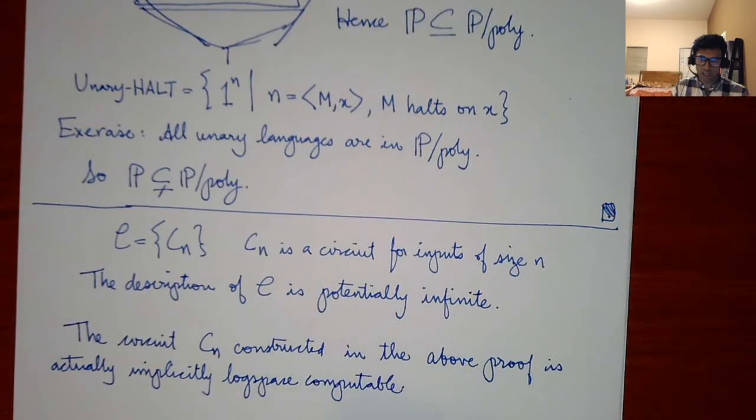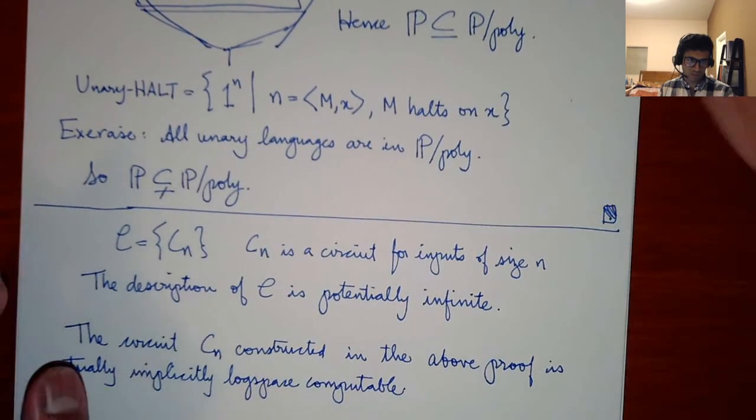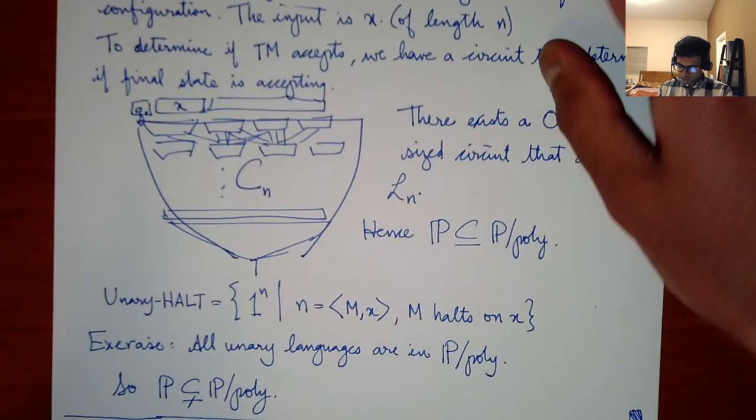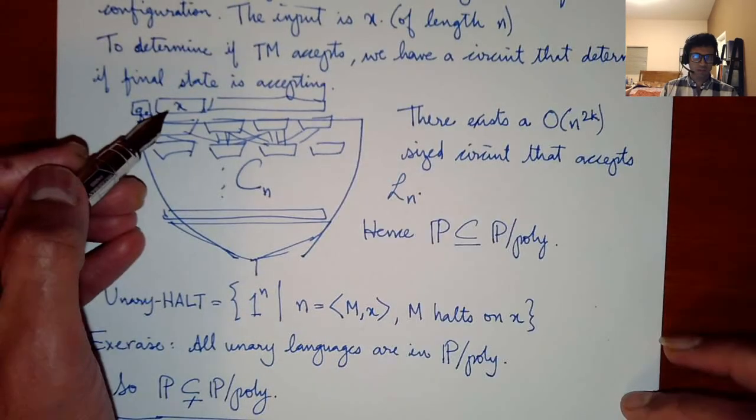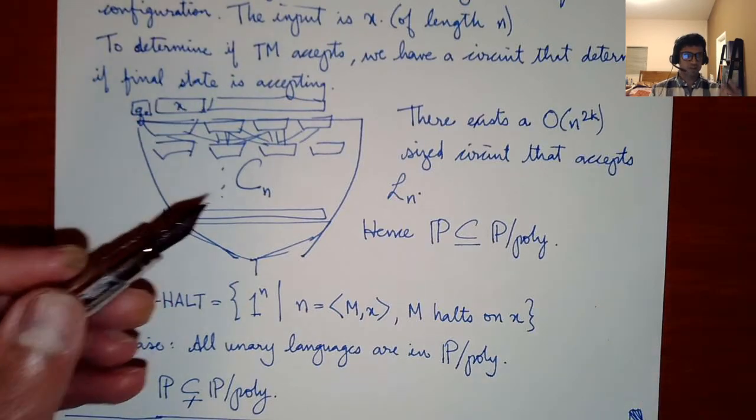Right? The circuit is actually computable in log space because the circuit is easy to compute. The circuit over here has nothing to do with x. The circuit is just a function of the Turing machine.